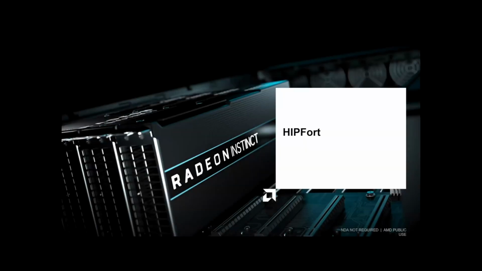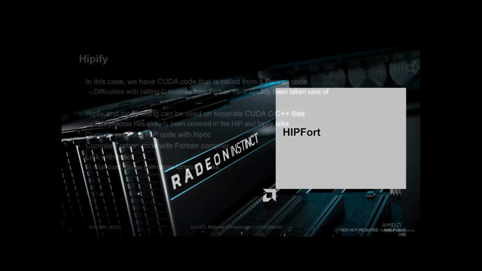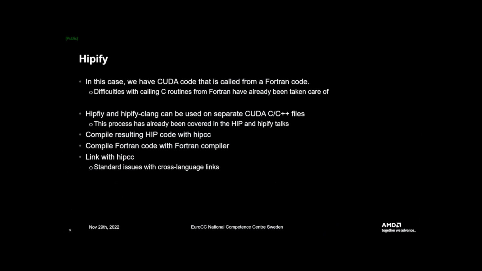When you do convert it to HIP, you can now run it on both NVIDIA and AMD GPUs. We talked about this before. It's the same HIPify commands. You have to compile the HIP code with HIPCC and the Fortran code with the Fortran compiler.